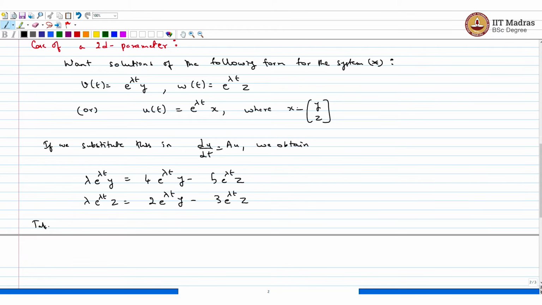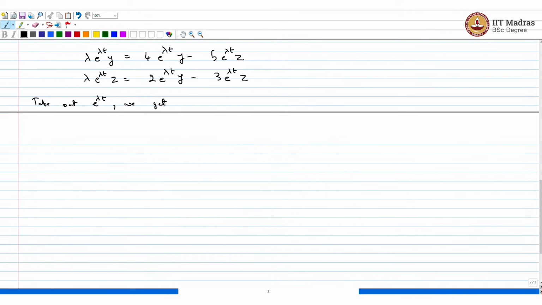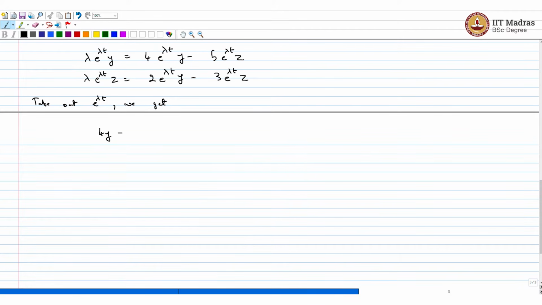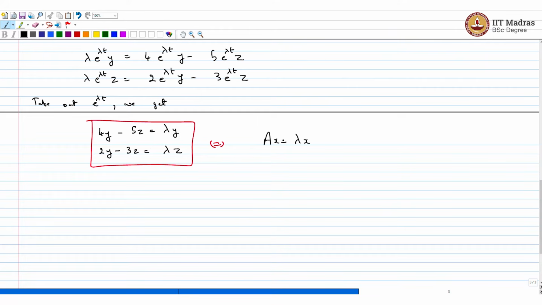Now, if you take out e power minus lambda t, we get the very important equation. Now this equation is the same as Ax equals lambda x, and this is the eigenvalue equation.